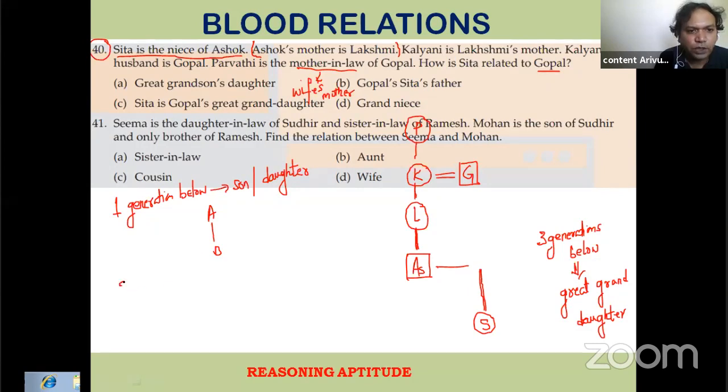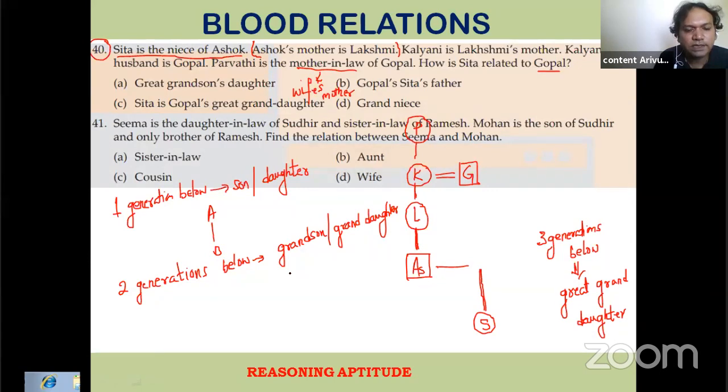Two generations below means grandson, granddaughter. All of you please note down: grandson, granddaughter.